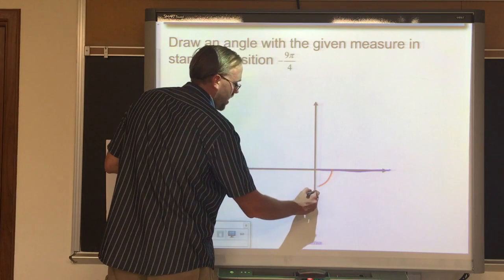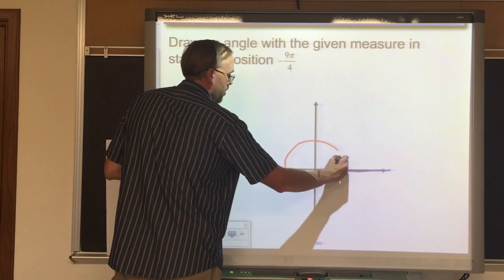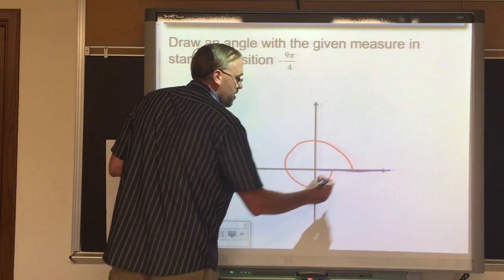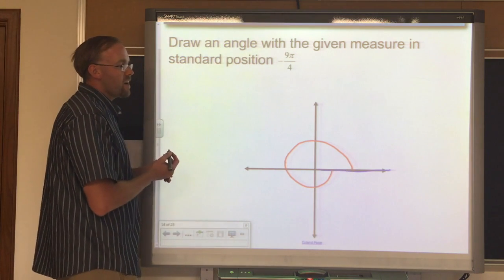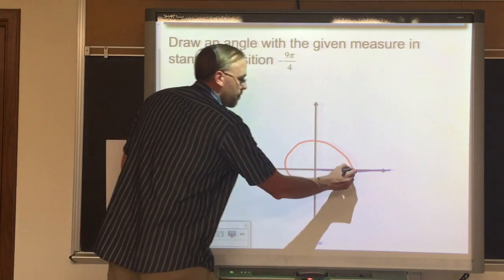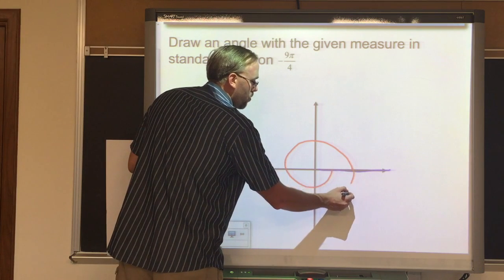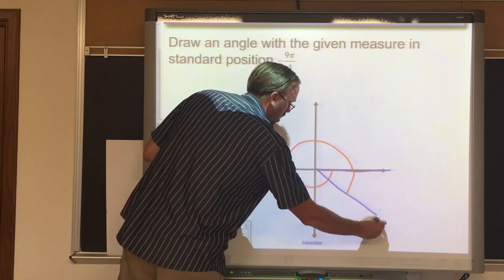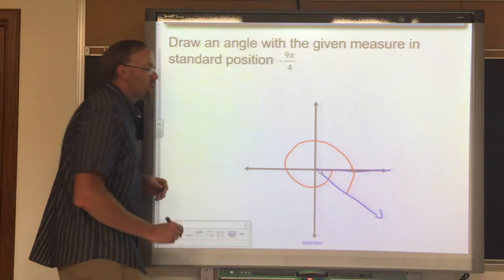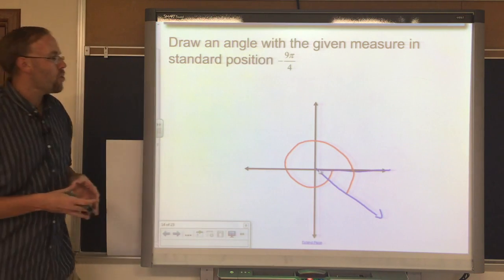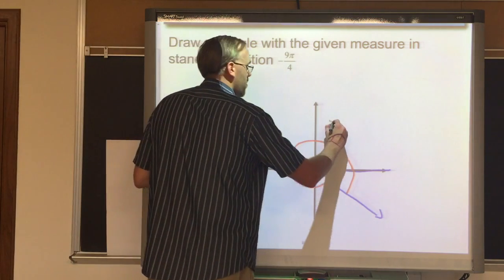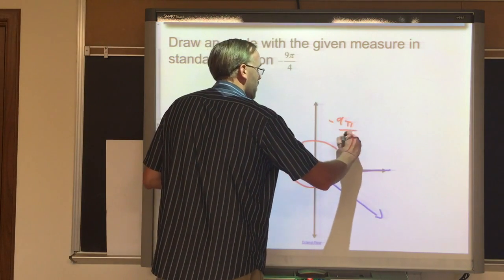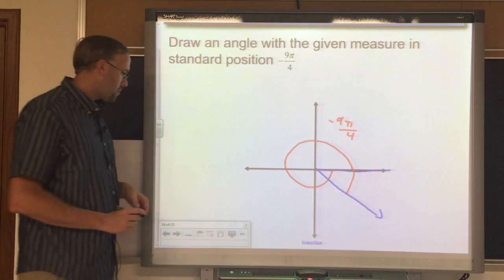So it's going to go down. So I would need 8 of these 45-degree angles to make a full rotation, but I've got one more to go. And so that should be negative 405 is negative 9 pi over 4.